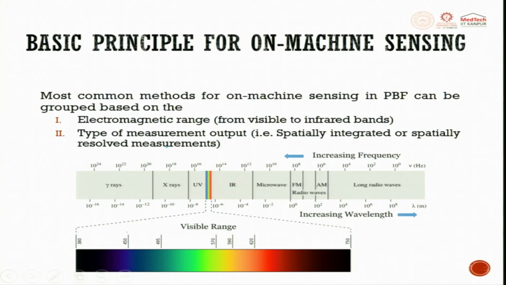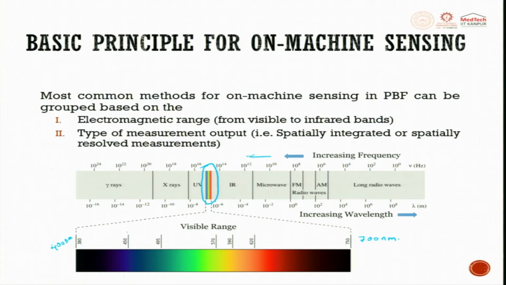We predominantly work on sensors which work from the 400 nanometer range to the 700 nanometer range. This is a spectrum of electromagnetic waves, and we work using these electromagnetic waves. This is the increase in wavelength and this is the increase in frequency.